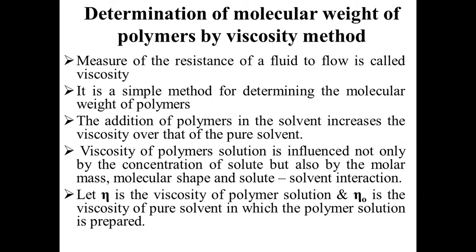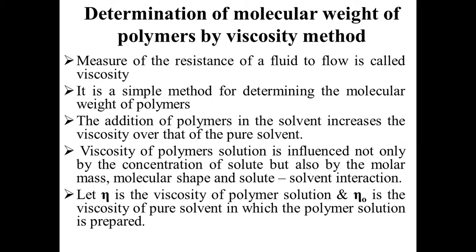By the addition of polymers to the solvent, the viscosity increases compared to the pure solvent viscosity, so that it is influenced not only by the concentration of solute but also by the molar mass, molecular shape and solute solvent interaction.